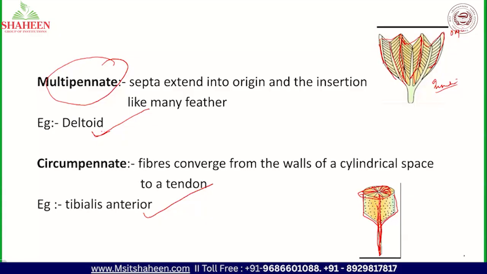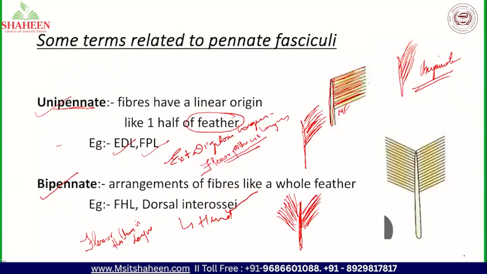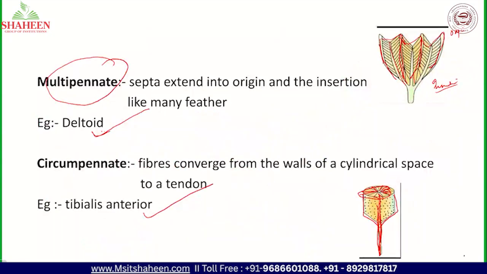For the unipinnate, the examples are extensor digitorum longus and flexor pollicis longus. In the case of bipinnate, it is flexor hallucis longus and dorsal interossei. In the case of multipinnate, the example is the deltoid, and the circumpinnate is tibialis anterior, which is seen in the lower limb.